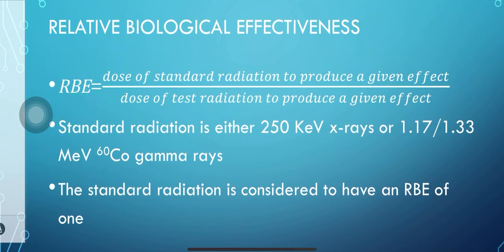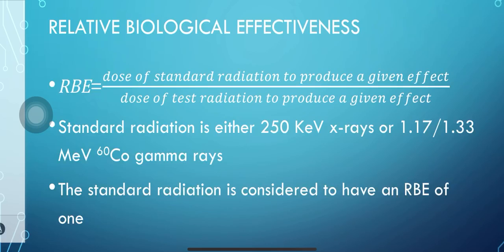Relative biological effectiveness: dose of standard radiation to produce a given effect divided by the dose of test radiation. Standard radiation is taken to be X-rays of 250 kilo-electron volts, or the cobalt rays, which are 1.17 and 1.33 mega-electron volts.